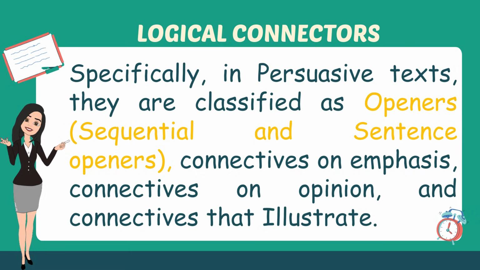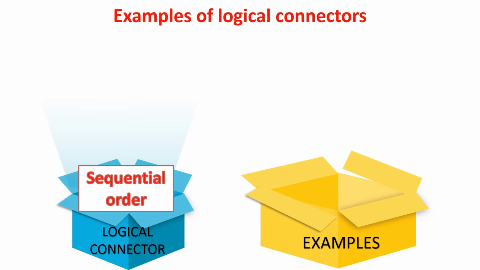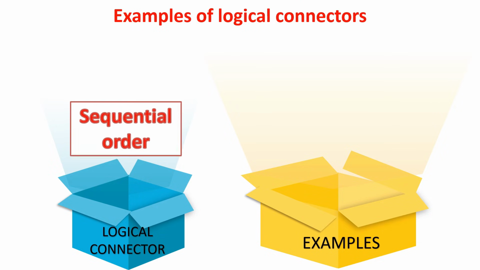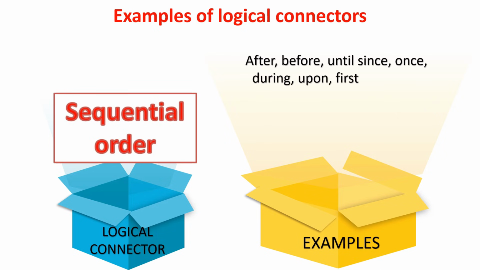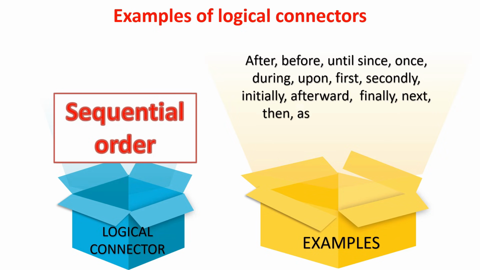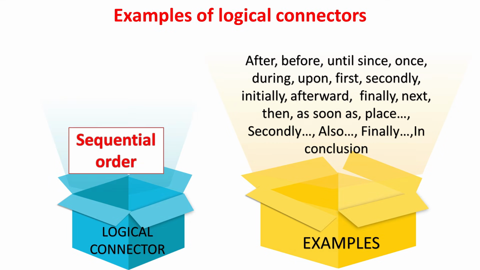The following are examples of logical connectors that show sequential order: after, before, until, since, once, during, upon, first, secondly, initially, afterward, finally, next, then, as soon as, also, in conclusion.